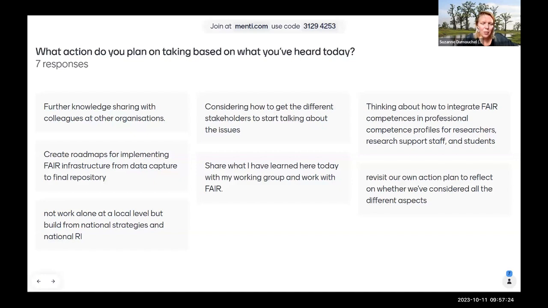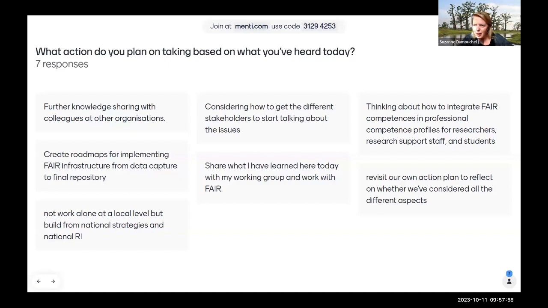So this is exactly what we aim at within the FAIR Impact project, and especially within work package 2, with the type of events that we organize, such as this one. And it's really good to see that with the Danish example, at least in my view, we started with a very good example, both concrete and both bottom-up and top-down. Yeah, I think that was very inspiring for most of us.